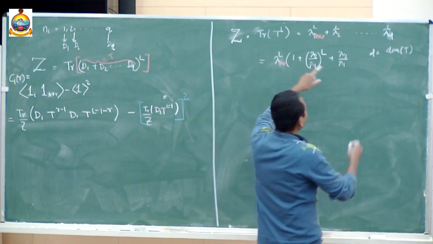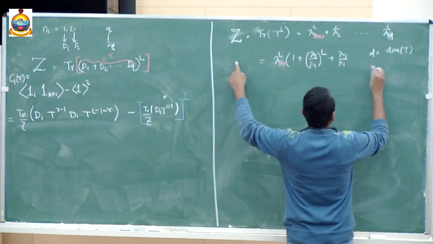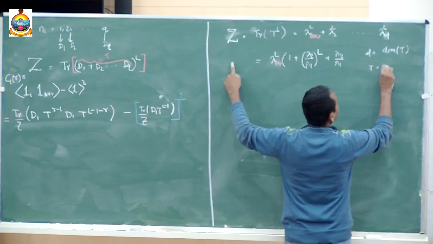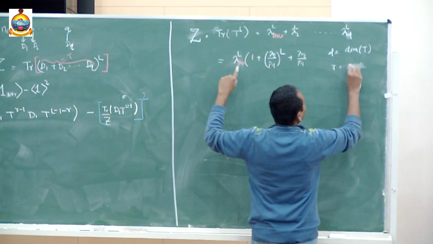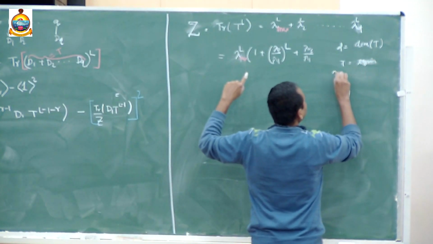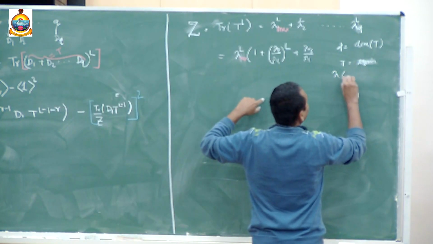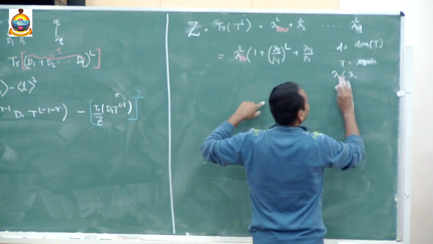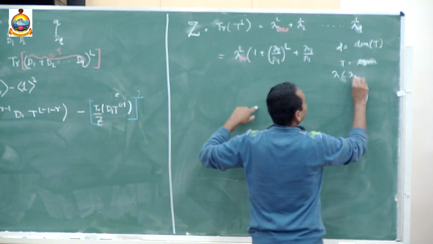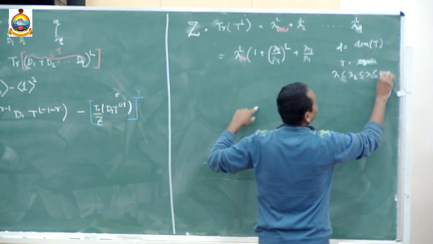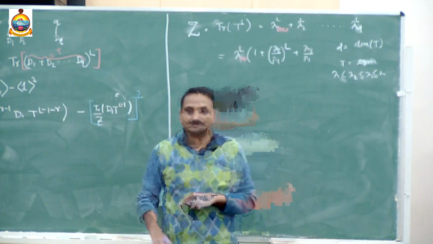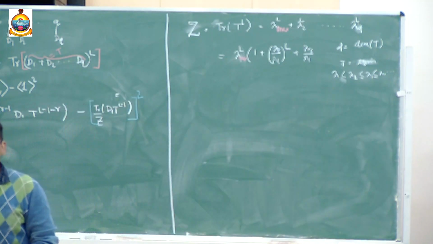So I am assuming that T is symmetric, and I am also assuming lambda 2 is less than lambda 1 strictly. This one is strict. Lambda 2 less than or equal to lambda 3 less than or equal to lambda 4, like that up to lambda d. The first one is distinct.